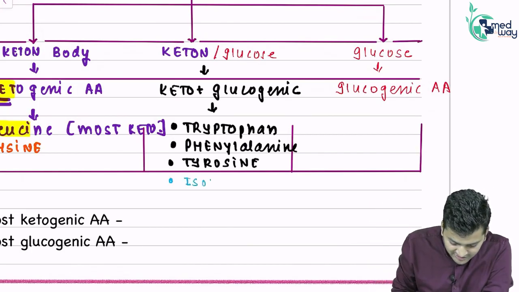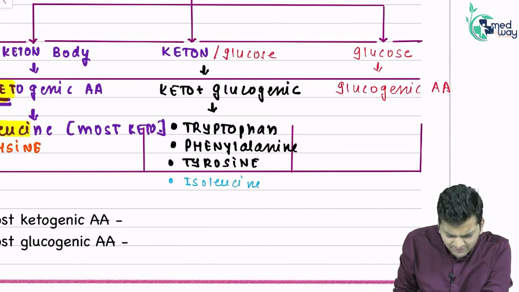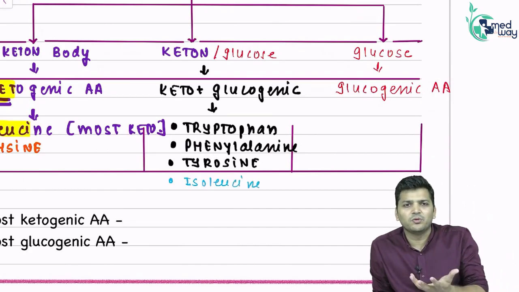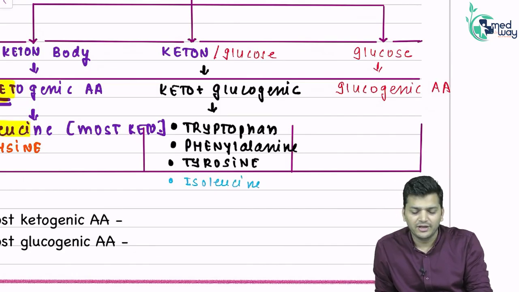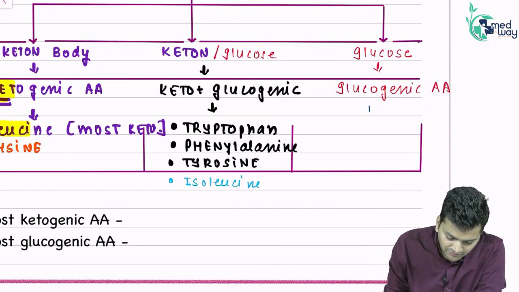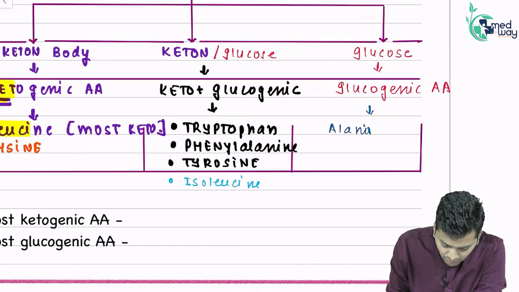That is just one change. So this is just a way to remember. If you want to use that, it's okay. If not, you can remember it directly that these are the four which are keto plus glucogenic. And the amino acid which makes the most glucose is alanine. Alanine is the most glucogenic amino acid.